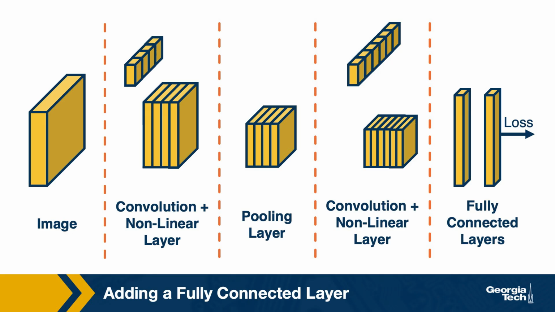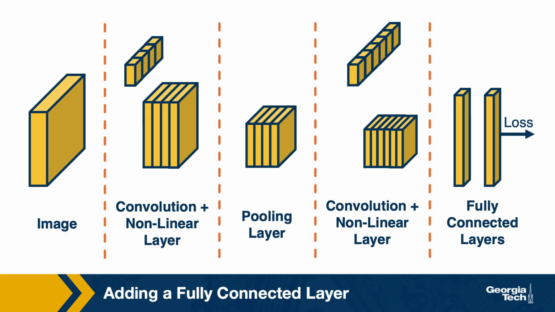We'll start at the loss, feed back gradients, update the weights for the fully connected layers, push the gradients back through to the convolution layers, update the kernels, push it through the pooling layers, which don't have parameters but will send back gradients to the inputs, and then push it again through the convolution layers to update the kernels there, all the way to the image, which of course we don't really need to update.